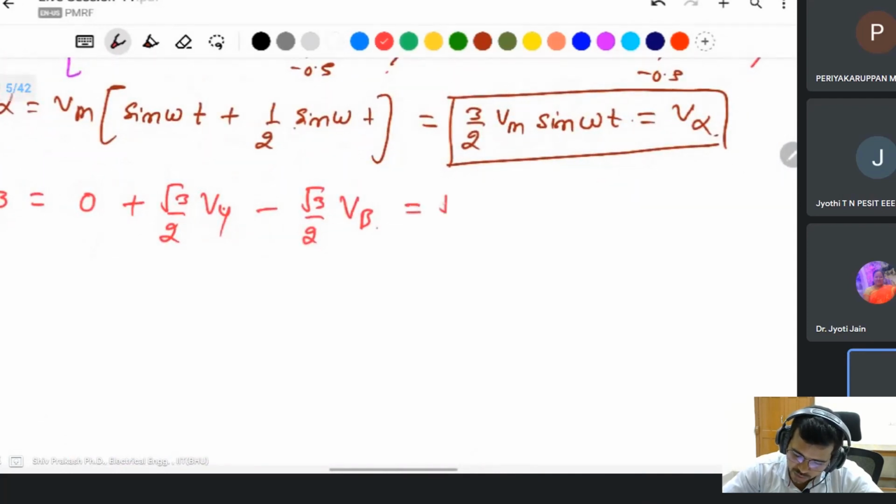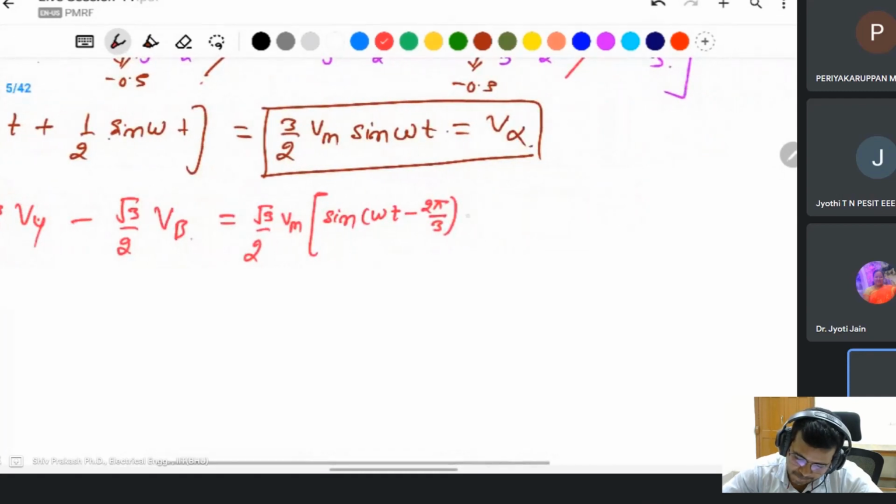Then root 3 by 2 can be common, as Vm is common to both Vy and Vb. Then it is sine omega t minus 120 degrees, 2 pi by 3, minus sine omega t plus 2 pi by 3.